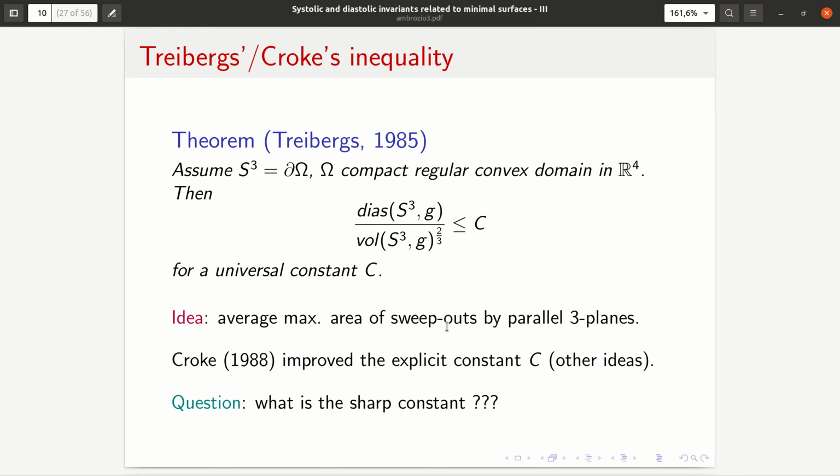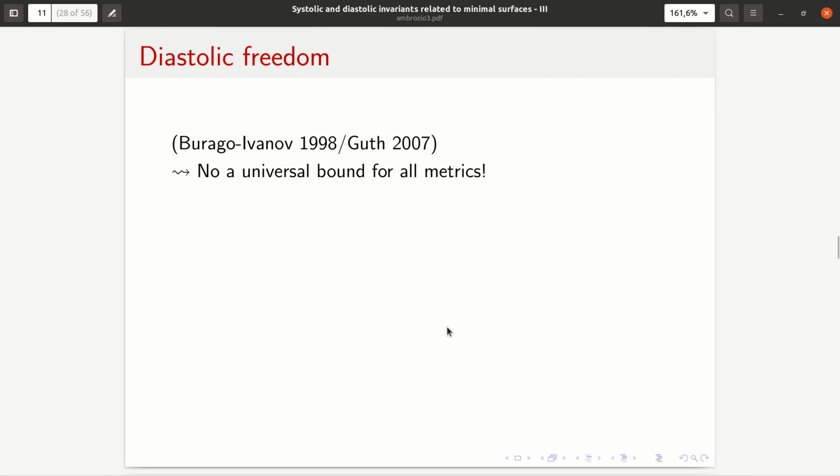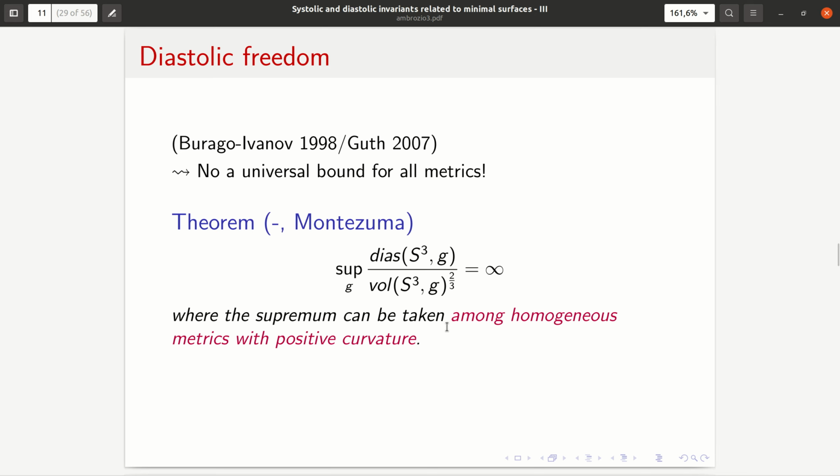Now let me show you a negative result. By a construction of Burago, Ivanov, and Guth, one can say that there is no universal bound that holds for all Riemannian metrics on S3. We checked this as well, but we checked this explicitly.